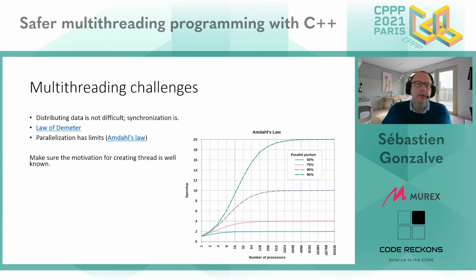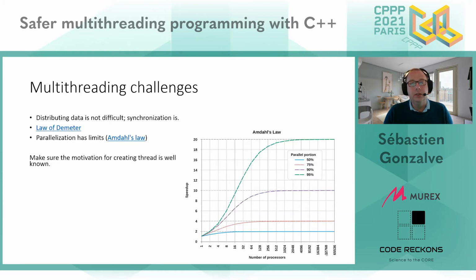This slide is about the challenges of multithreading. One must remember that distributing data is not that difficult. The problem is synchronizing the result in the end. If you spawn many threads and just say, okay, you do that, you do that, you do that, this is really simple. You may see that just in the way of your commits in your project.